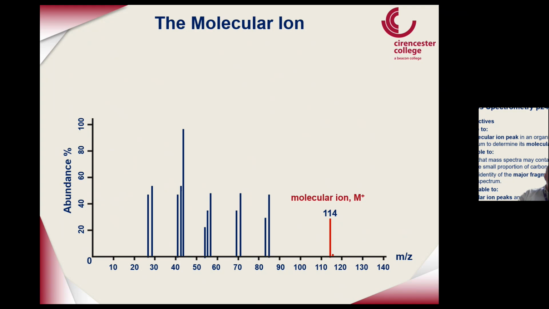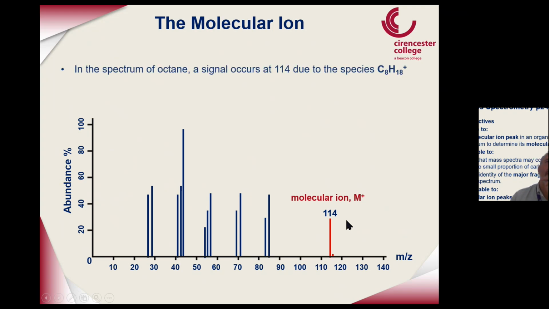So here we have an example. Here we've got a molecular ion peak of M+, 114. Guess what? There's one at 115 as well. That is because of carbon-13, where we've got extra neutrons in the nucleus of the carbon. So that is about having isotopes of the elements. But here is our main ion here. It's 114.